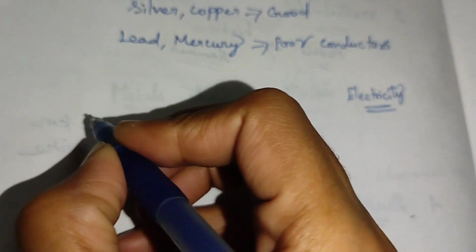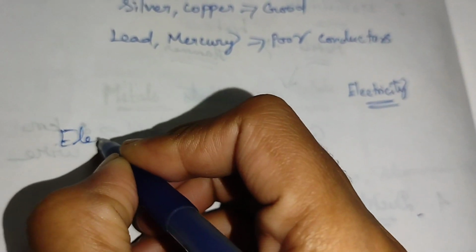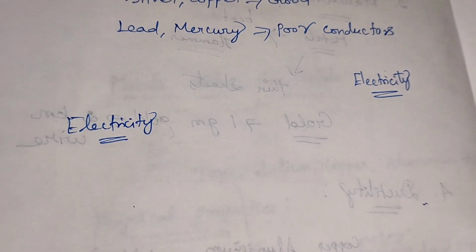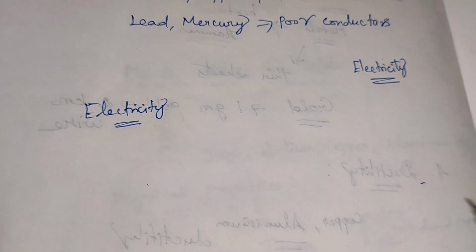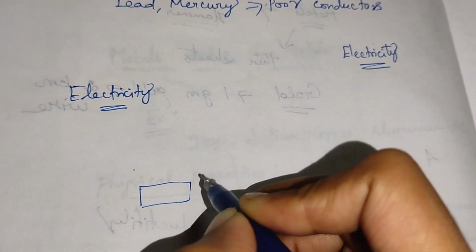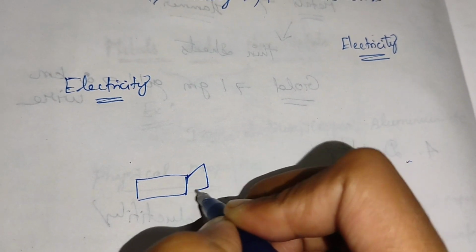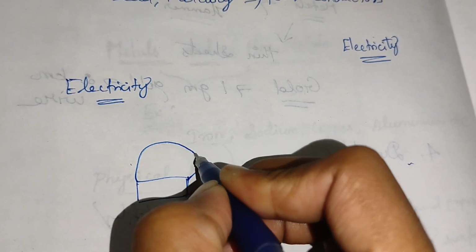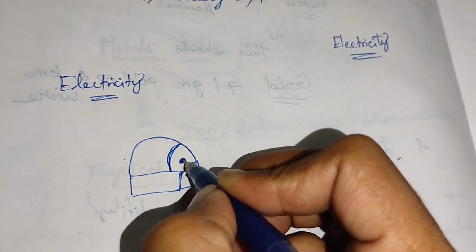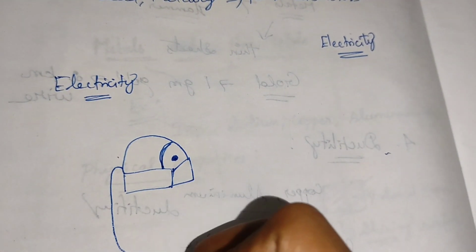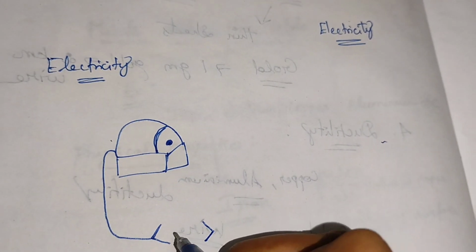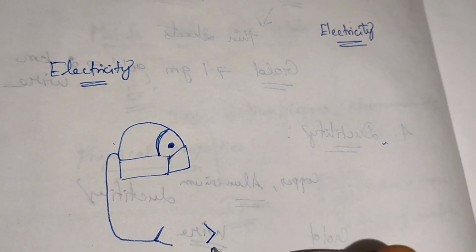Finally, we are going to check the physical property of electricity. Do metals conduct electricity or not? We are going to check that. For that, I am taking one 6-volt battery, and these are two terminals, A and B. We are going to insert the metals between these terminals.